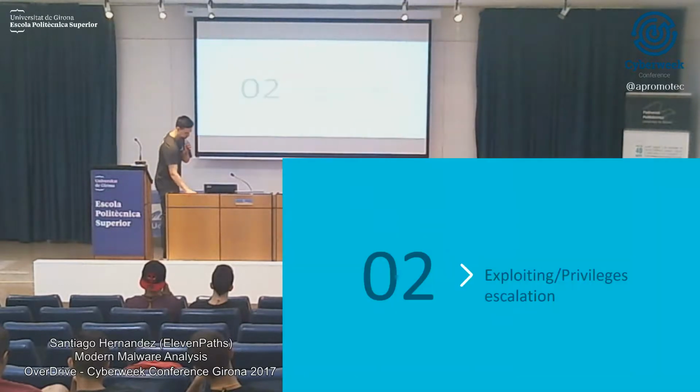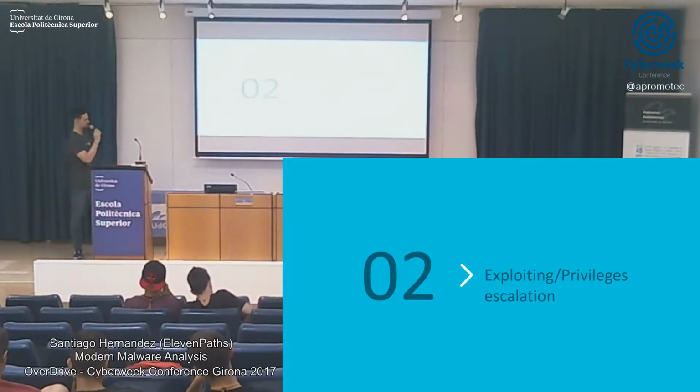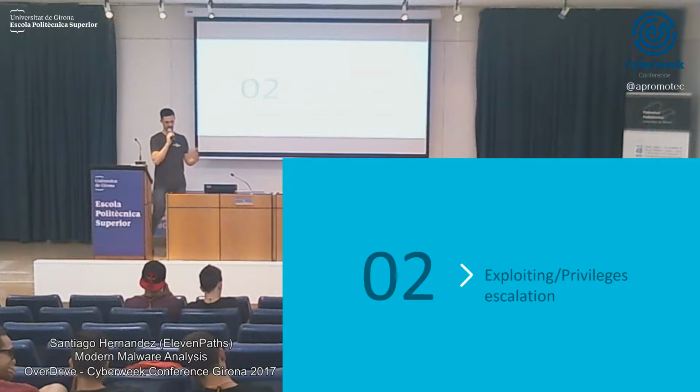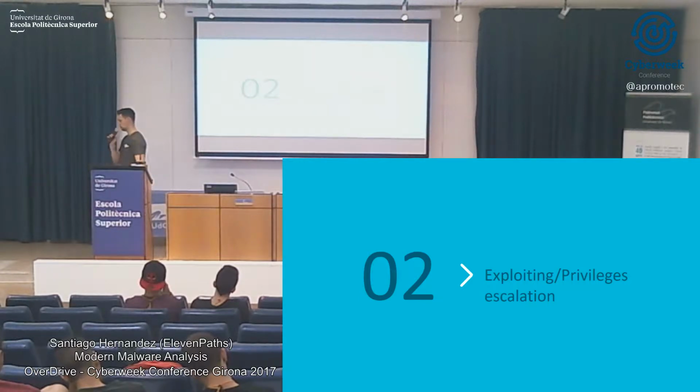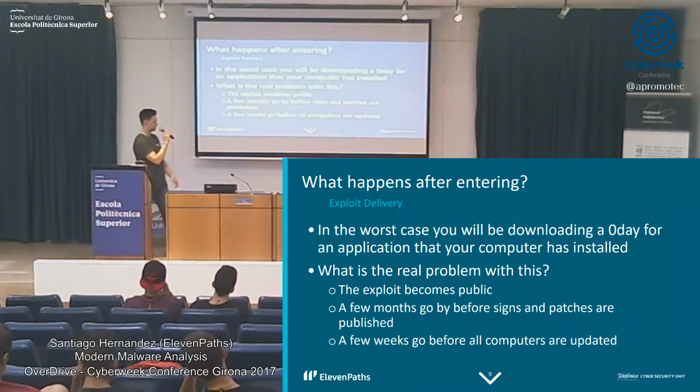So once they have that entry point very clear, what they are going to do is just release an exploit and send that exploit to the user, or maybe they can get into the network because the Wi-Fi configuration is not good, or whatever. Once they are in, they are going to release the exploit.